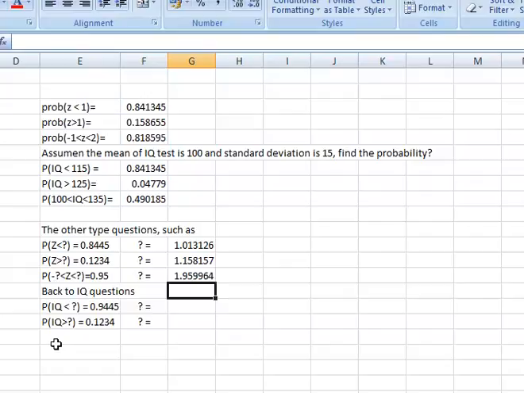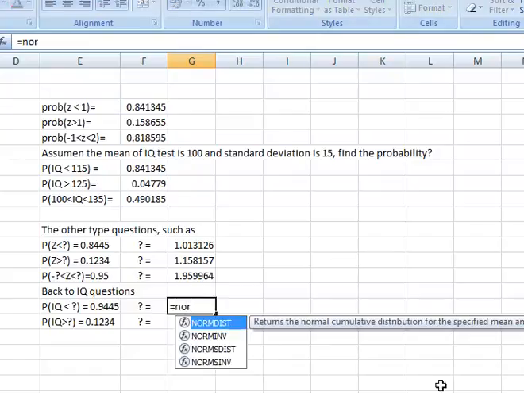Now if we have a non-standard normal distribution, back to the IQ questions. If IQ less than some number equals 0.9445, how do we get this IQ? So the IQ will be equal NORM.INV.